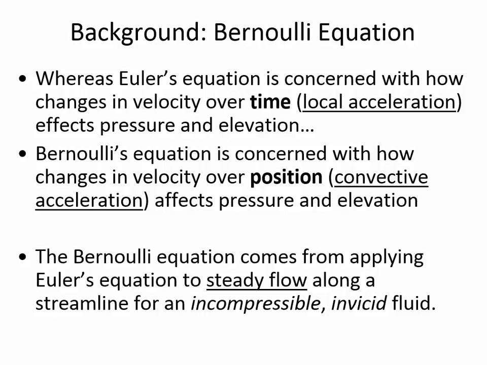So what it really means is that we have to be careful about how we apply it. The assumption about inviscid, or a fluid with no viscosity, is all about trying to limit the effect of frictional losses. And so here in this drawing I've got location 1 and location 2. If we have these two locations really far apart, the effect of friction is going to be more pronounced.